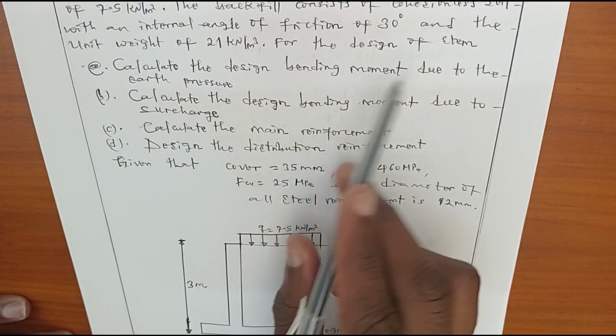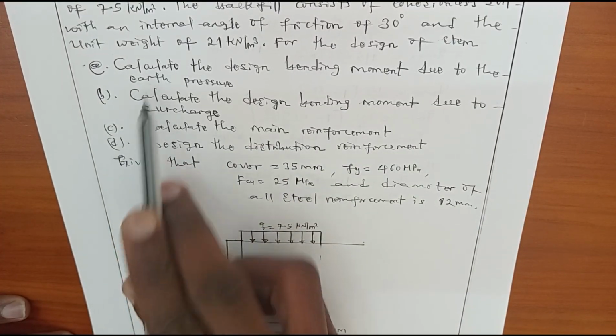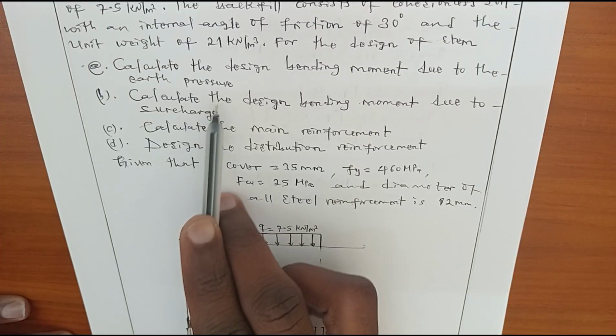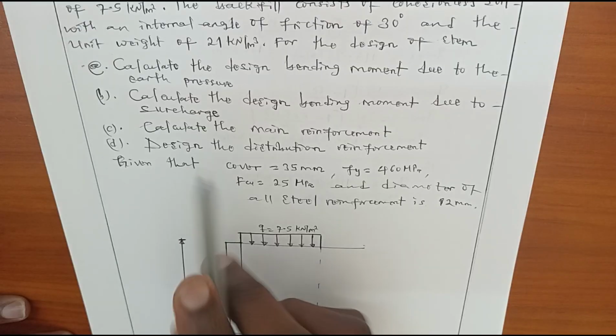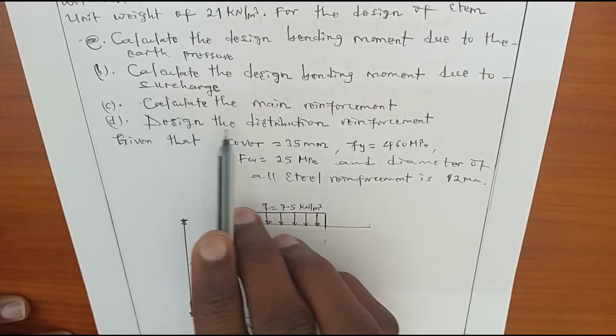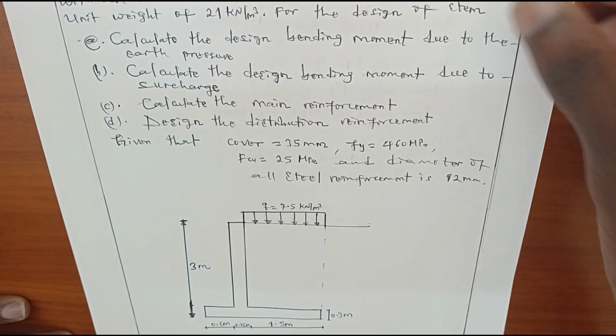We are required to design the stem. For the design of the stem, we are required to calculate the design bending moment due to the soil pressure and the design moment due to the surcharge. C, we are required to determine how to calculate the main reinforcement.